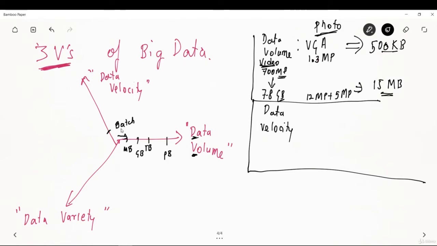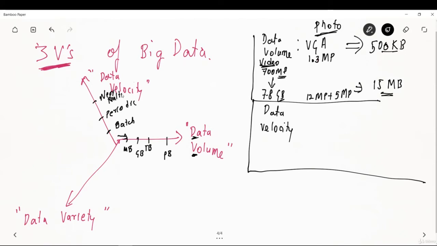So the data was generated in batches and it was coming in very small amounts. Then from batch it became periodic. That is, in periodic the data would come, let's say, every 1 hour or every 2 hours or something like that. So this is called periodic data generation. After periodic, it became near real time.